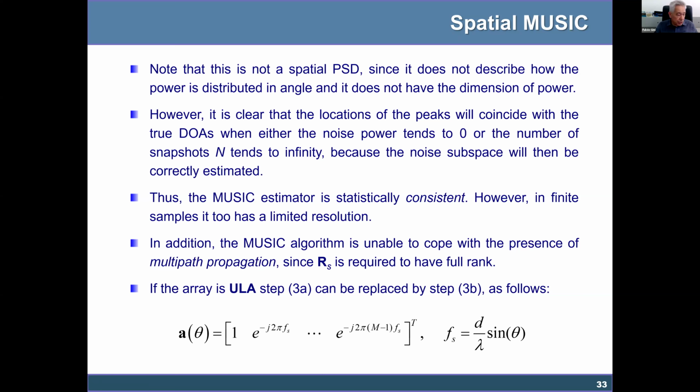This version of MUSIC works well only if the rank of R_S is equal to the number of sources. So if R_S is a full-rank matrix. If it is not, for example in the presence of multipath, this method does not work. So in that case we have to use modified versions of MUSIC.